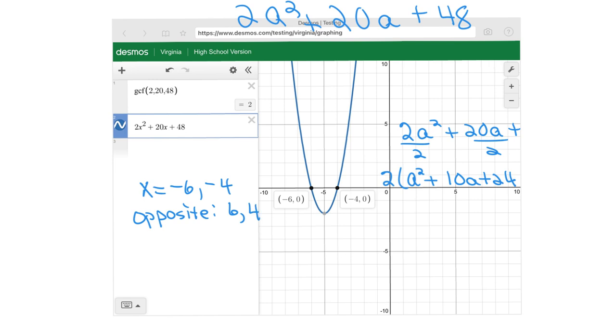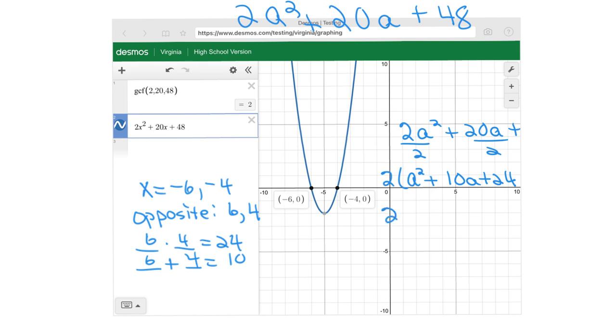So that means that when I found the two numbers that multiplied together to equal 24 and added together to equal 10, those numbers are 6 and 4.